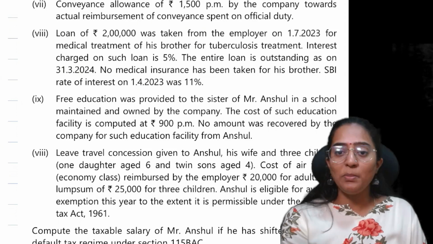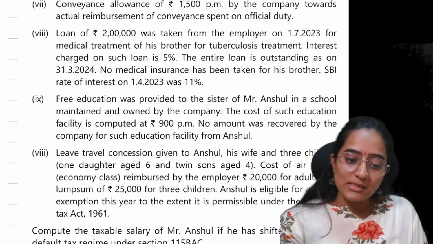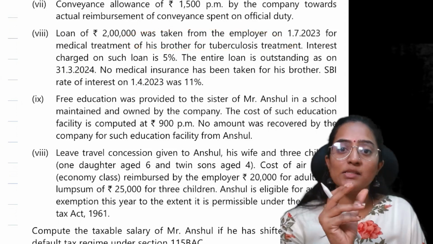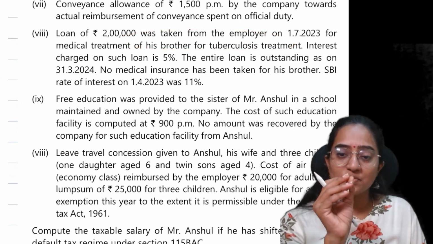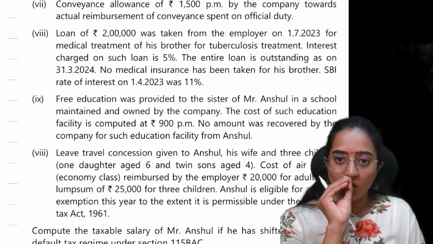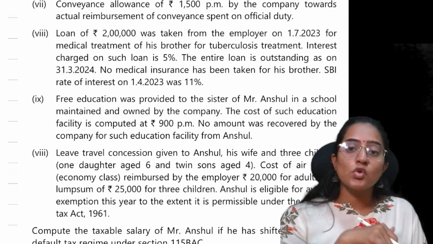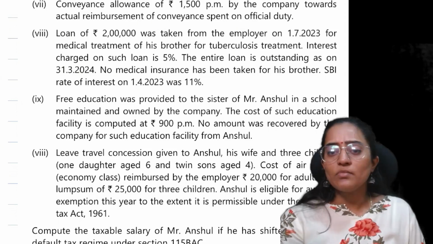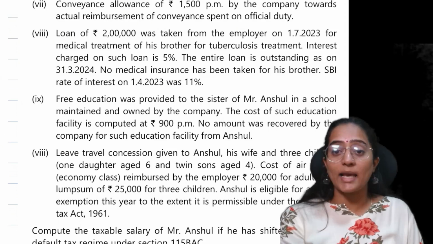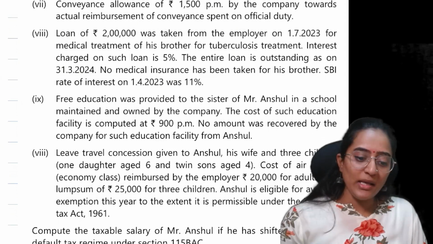That interest amount would be a perquisite. But as the loan is taken for the purpose of severe disease like tuberculosis, it is going to be considered a tax-free perquisite. It is going to be exempted.